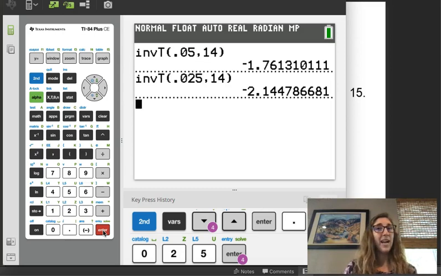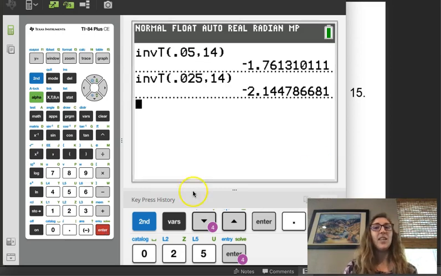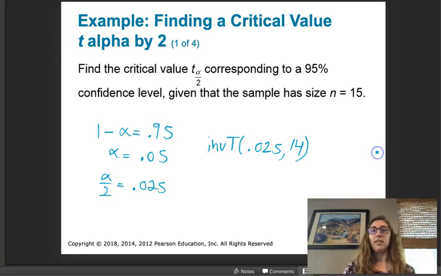And what else do we have to be careful about here? We need to make our answer positive. So this is equal to negative 2.145, but we would say that our actual critical value here is positive 2.145.